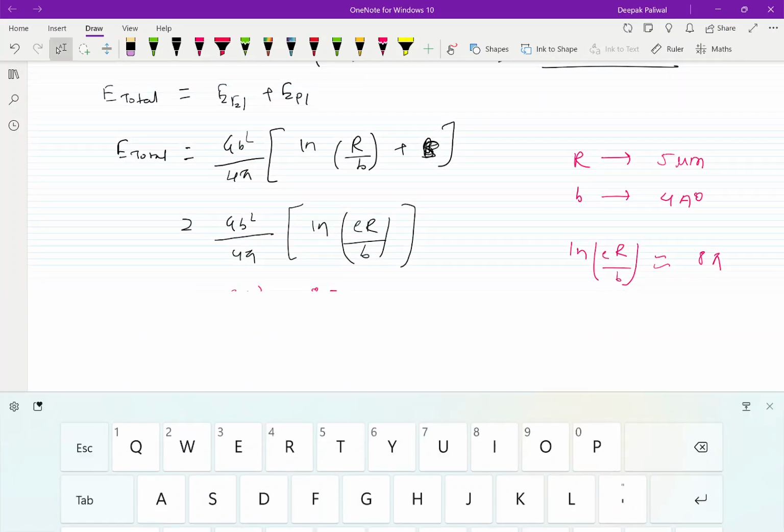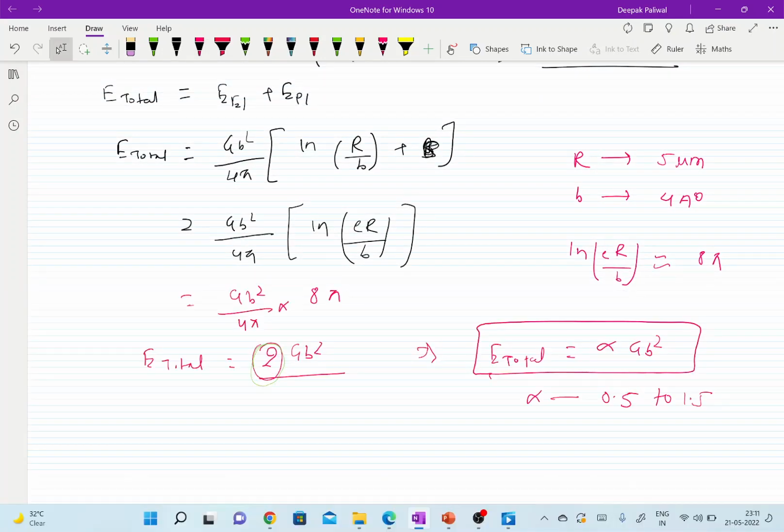And what I was saying at that time, the energy due to the core is less than 10% of the total energy.